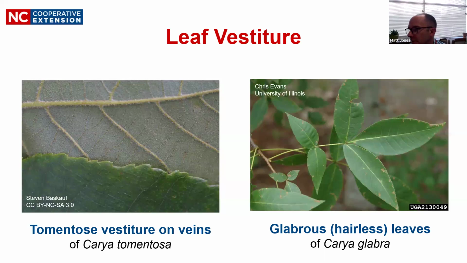So if you find a hickory that's got a pinnately compound leaf, typically five to seven leaflets, and you can feel lots of hairs that vary from white to kind of yellow, or white hairs that look yellow because the petiole is yellow, then it's a good chance it's Carya tomentosa, mockernut hickory. And if something is hairless, it's said to be glabrous. Again, why say hairless when you can say glabrous?